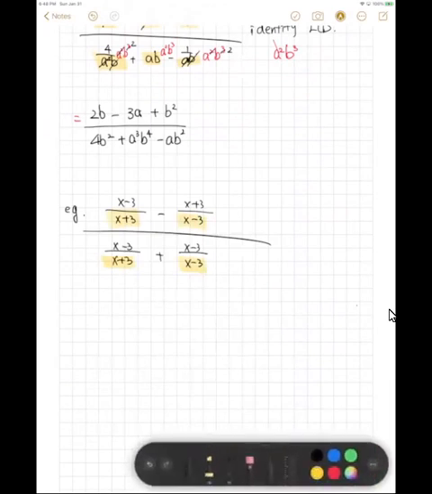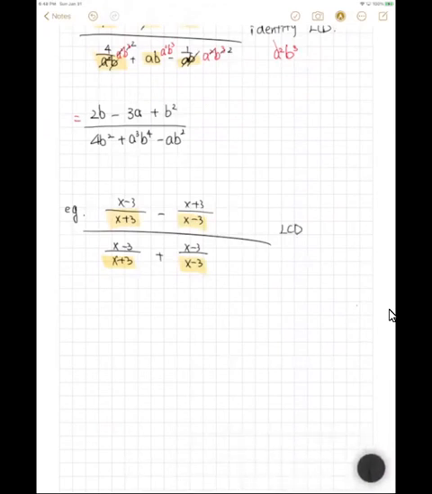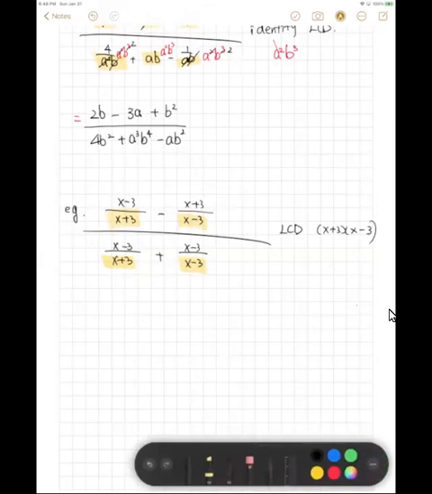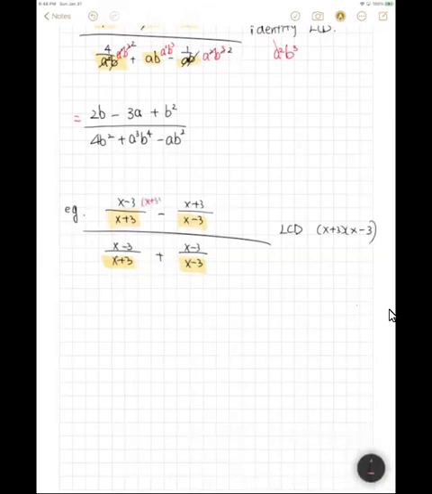We need to identify our least common denominator. We identify it, which is x plus 3 and then x minus 3. So we multiply each one with it. Okay, and then we cross cancel x plus 3, x minus 3, x minus 3.